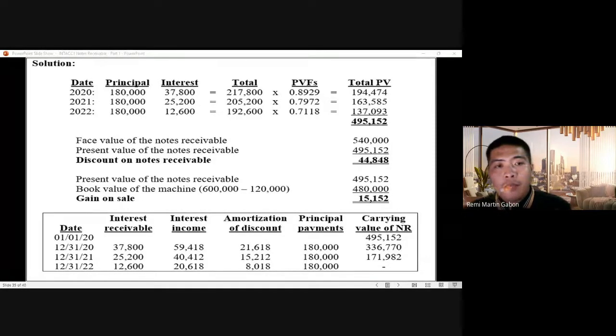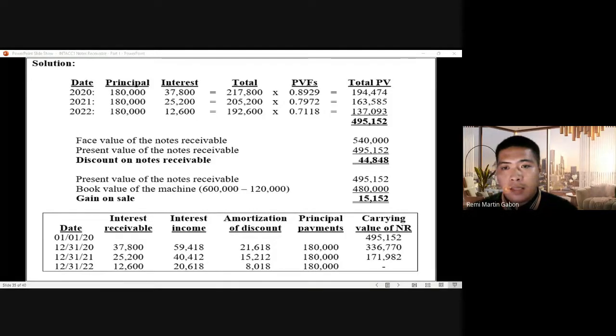We can come up with 40,412.4. We can drop 0.4. Sabihin na lang natin 40,412. Ayan. Sige, 40,412, bawas ka ng 25,200. Lalabas ang 15,212 na amortization. Okay. So 15,212 idagdag sa 336,770.